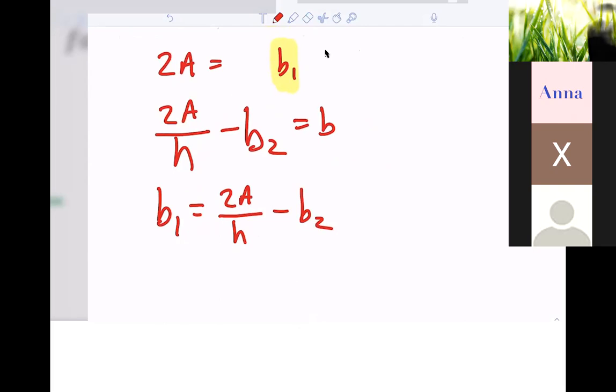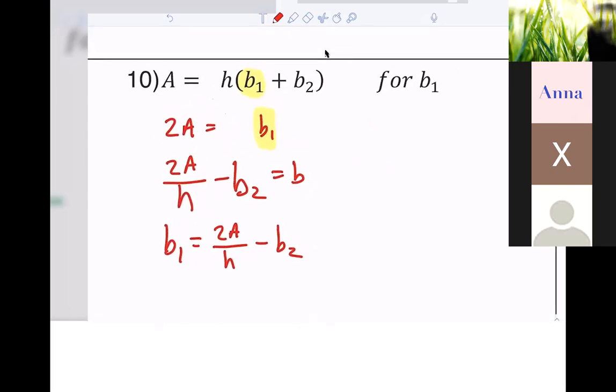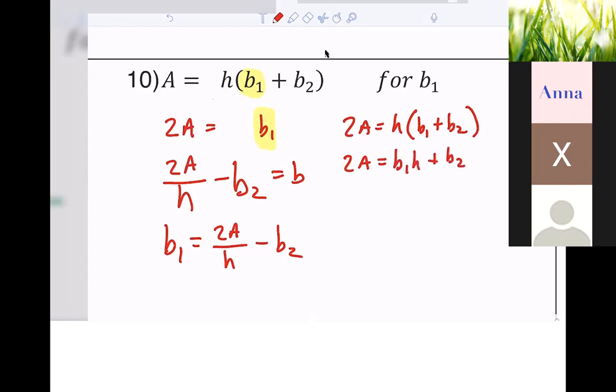All right, now let's go back to what he said. I'm going to rewrite this for him. We have 2a is equal to h times (b1 plus b2). Now watch, we're going to distribute the h, because that was not a bad thought. When I distribute the h, you should have 2a is equal to b1h plus b2h.